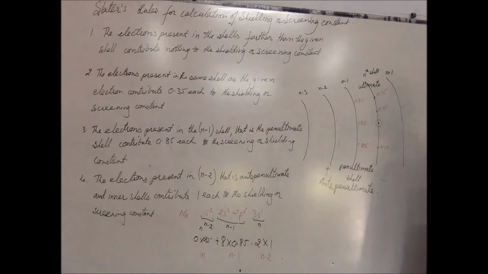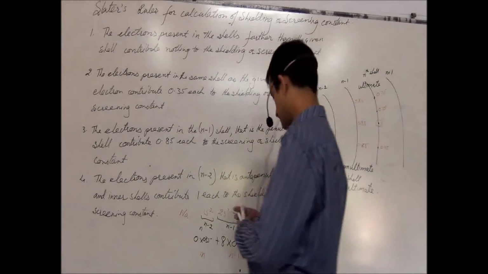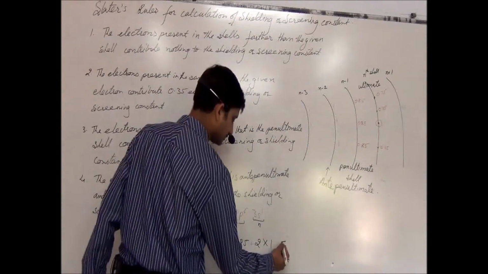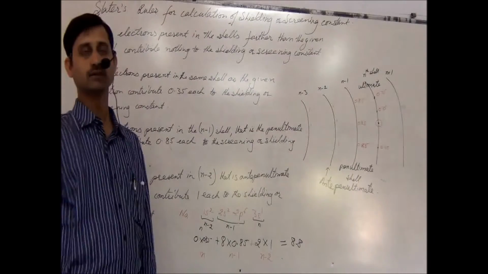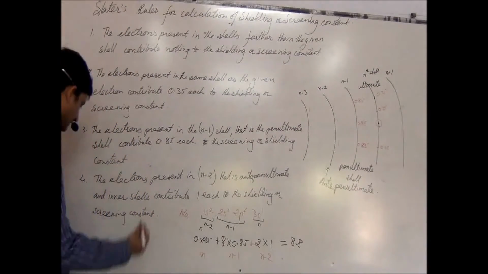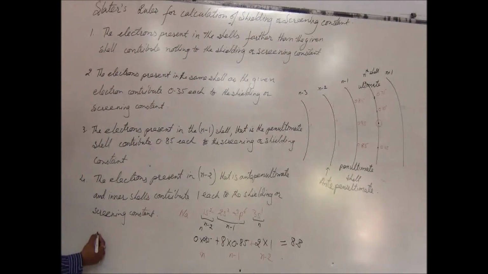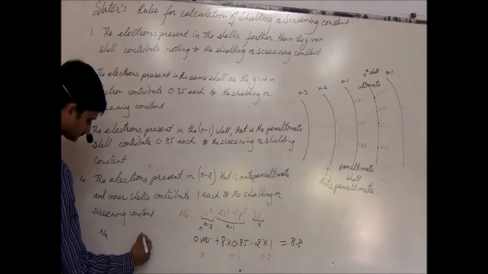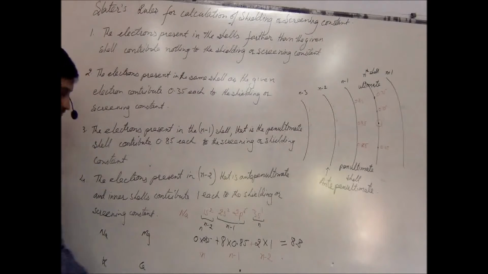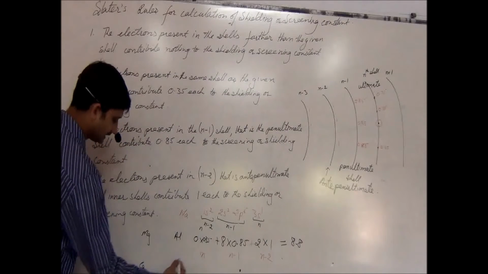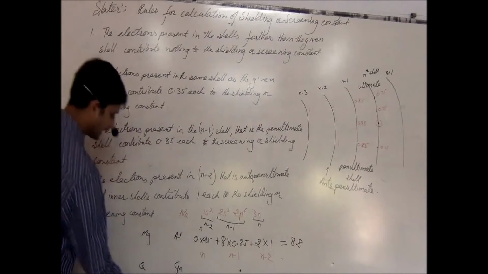8.8. Calculate here. This value comes out to be 8.8. Could you please calculate it for a few elements? We have already done sodium; you also find it for potassium, magnesium, calcium, aluminium, gallium.